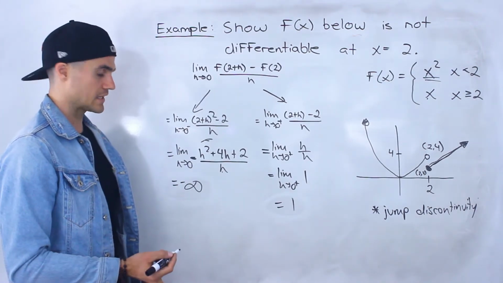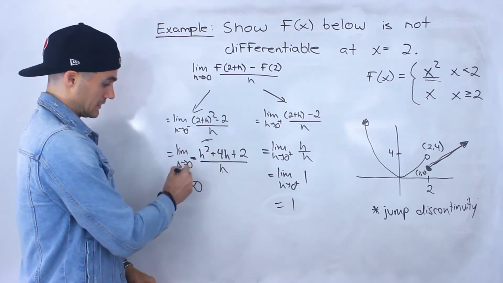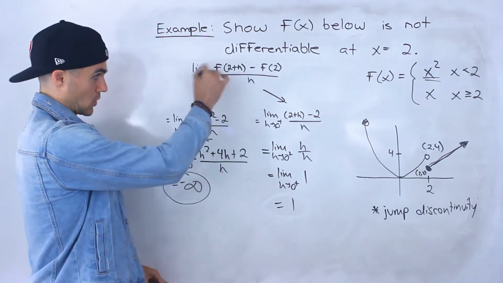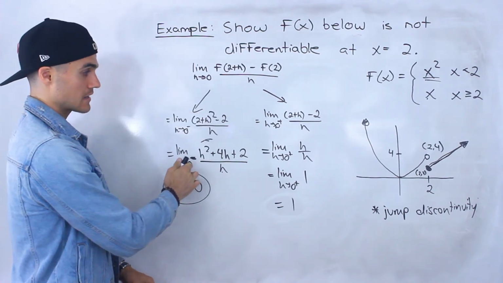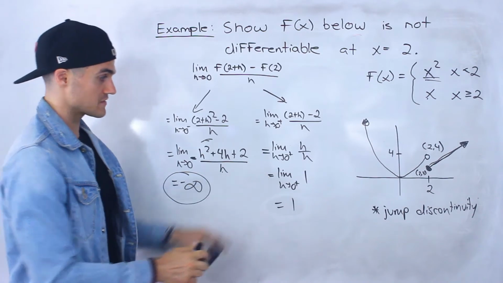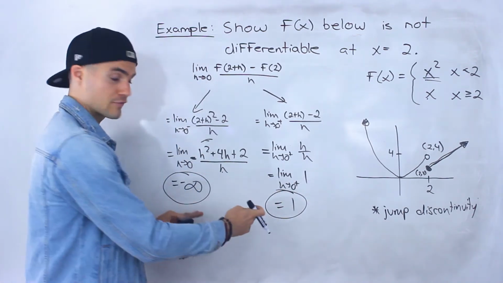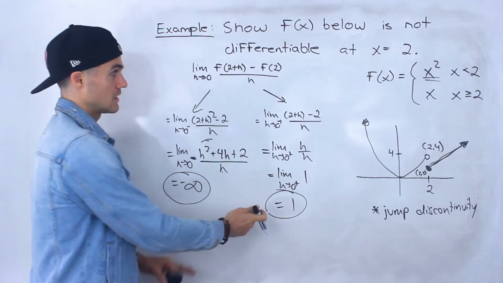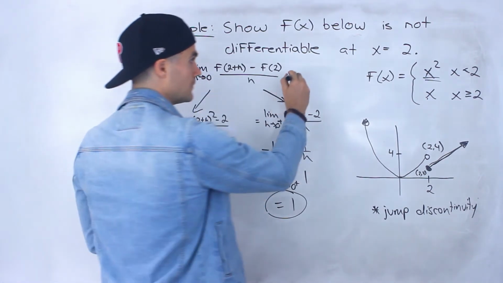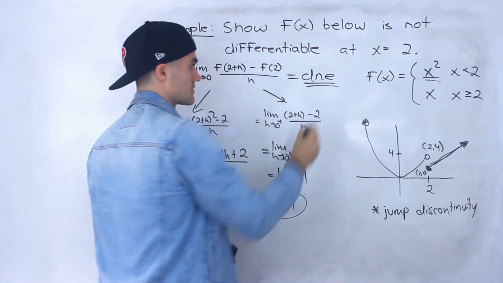And then from here, we can see that this left-sided limit is going towards negative infinity as we approach 0 from the negative side. And as we approach 0 from the positive side, this right-sided limit is going towards 1. And so notice that from both sides, we're approaching different values, which means that this overall limit does not exist.